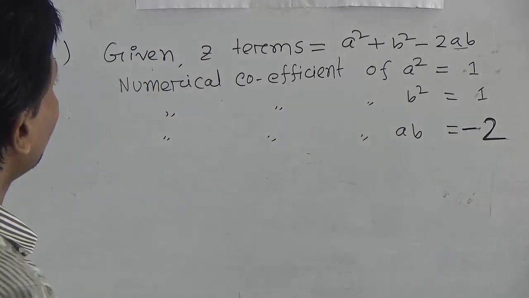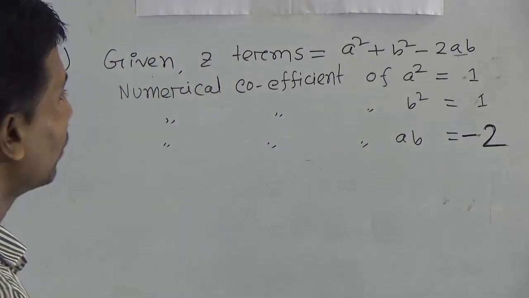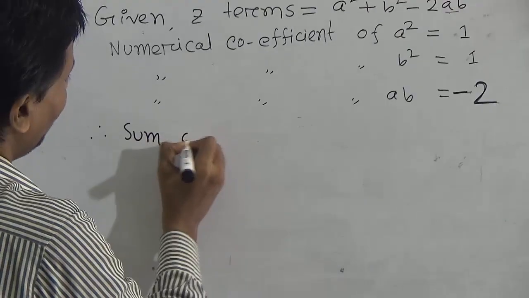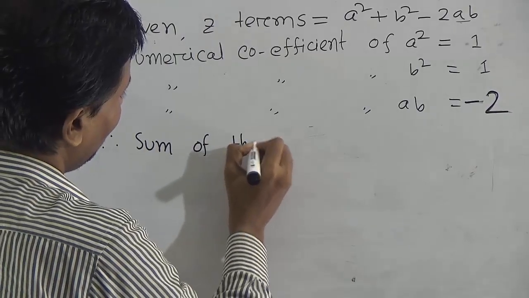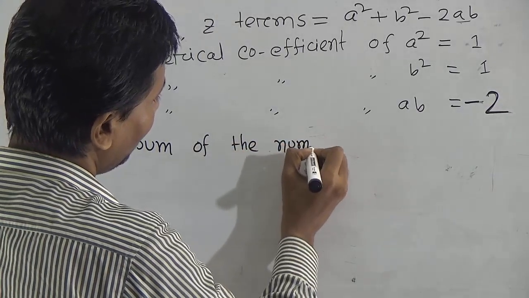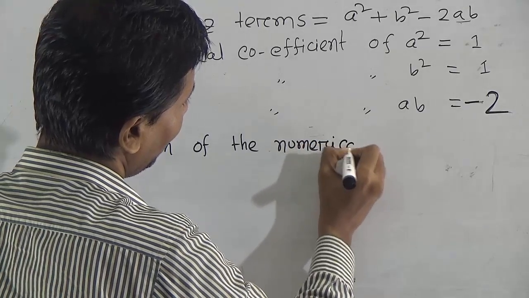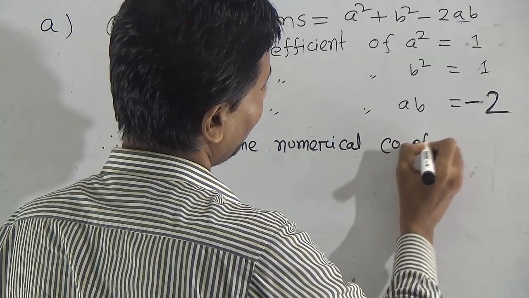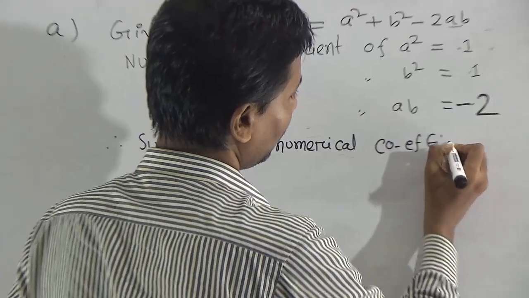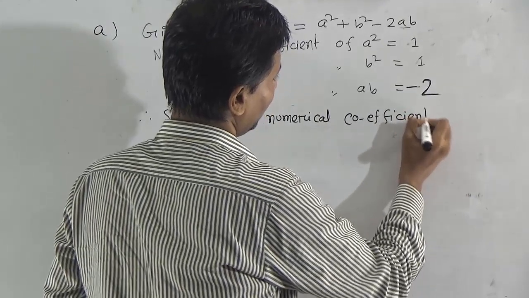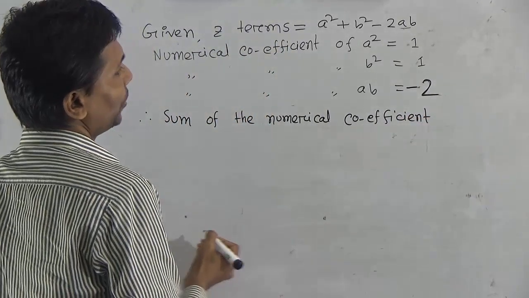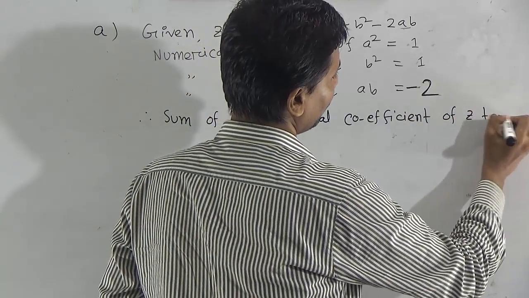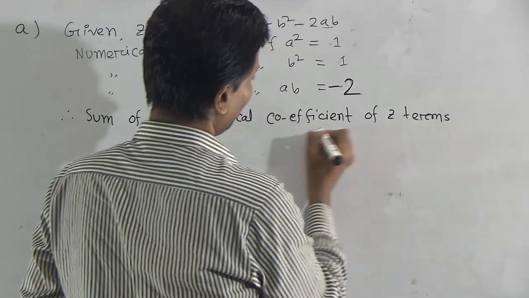Now the question, the sum of the numerical coefficients. That means we write the sum of the numerical coefficients of z terms equals what?